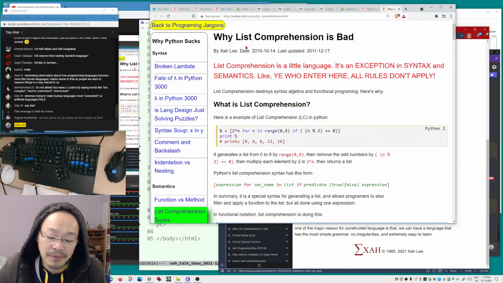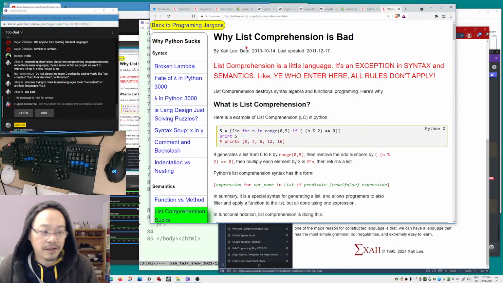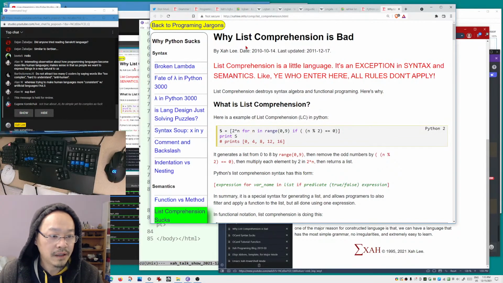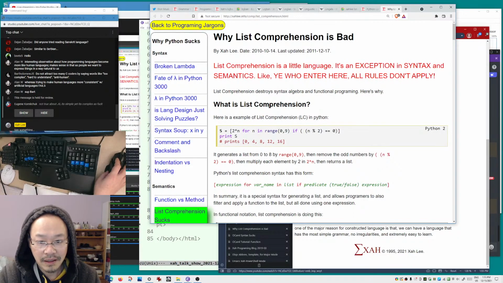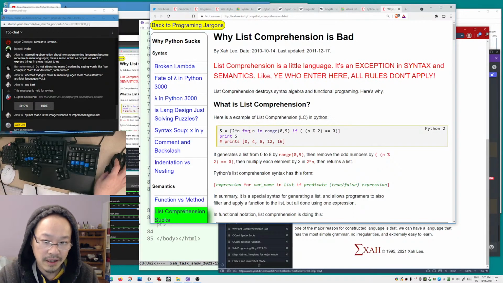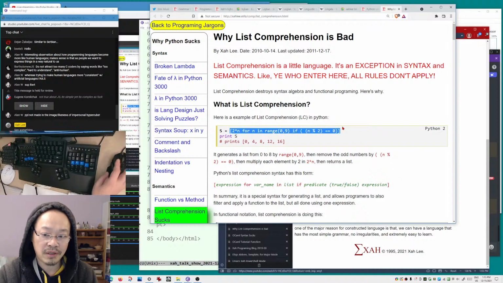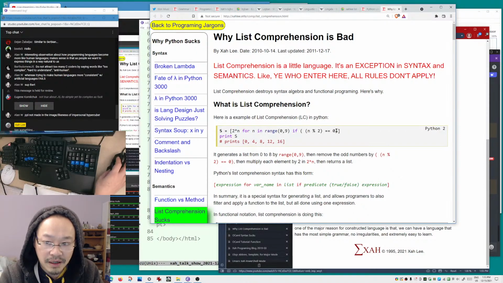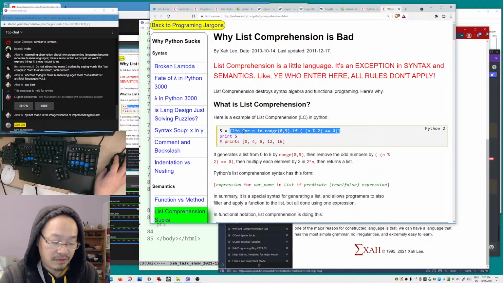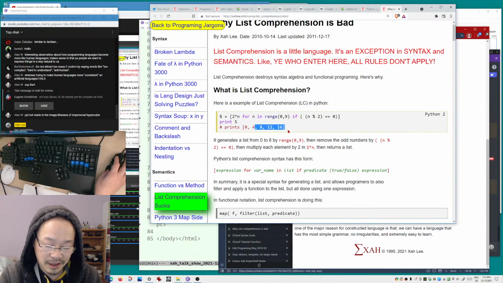Okay, so let me back up. If you are not familiar, list comprehension is a particular syntax in Python and other languages. Okay, so you have a special, very special syntax, a special construct, different from the whole Python language, where it lets you create lists. It basically allows you to generate a list.